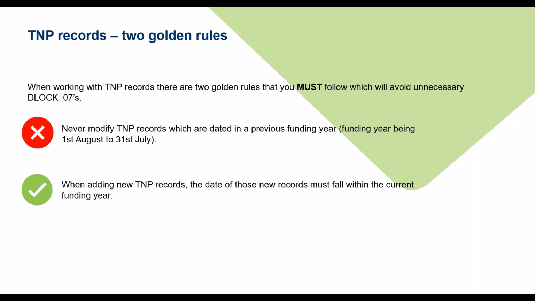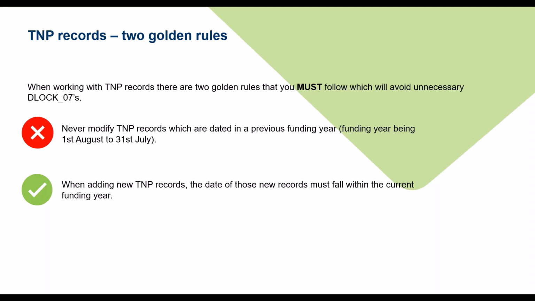Next slide, please. I just wanted to add, when talking about TNP records, there's a couple of golden rules that we advise, and if you stick to this, you'll help to avoid unnecessary DLOC 7s. The first one is never modify any TNP records that are dated in a previous funding year.